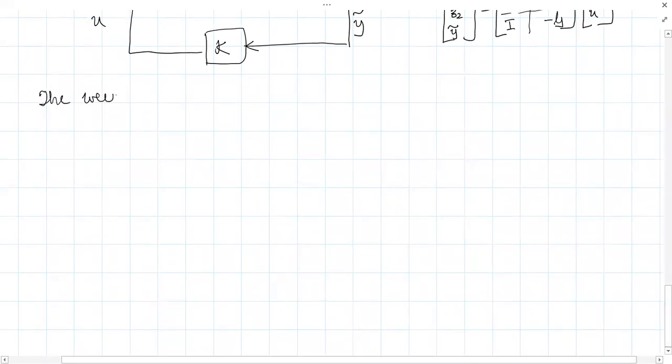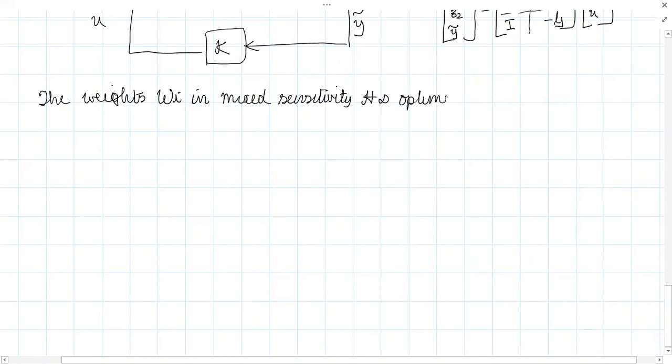The weights Wi in mixed sensitivity H infinity optimal control must all be stable.